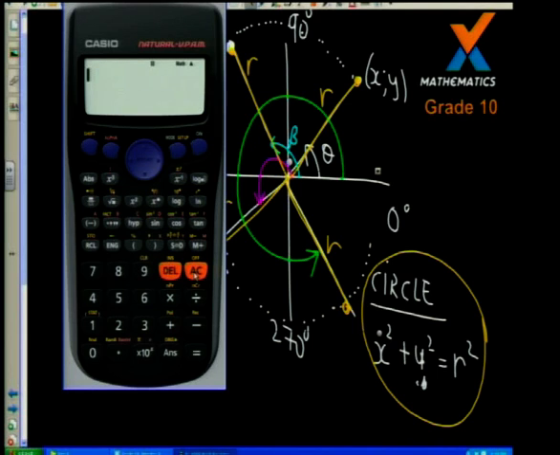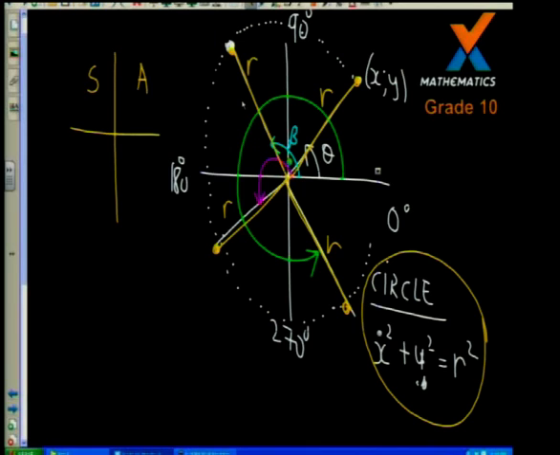Let's just correct that. Sine of 210. That would give me negative. What about cos? Cos of 210. That would be negative. What about tan of 210? That would be positive. Interesting. Tan is positive, but sine and cos are negative. So tan would be positive in this quadrant.